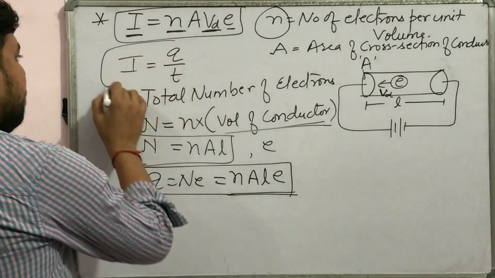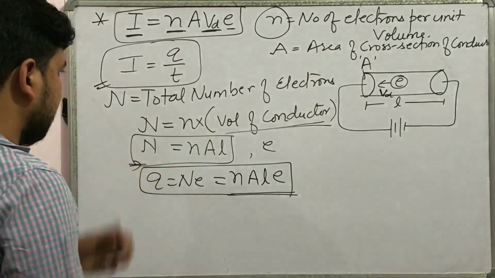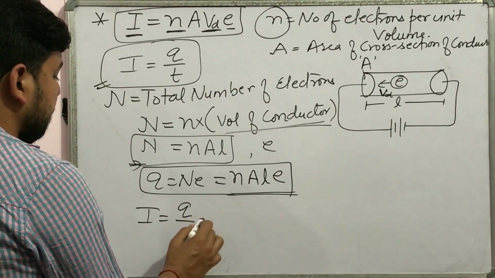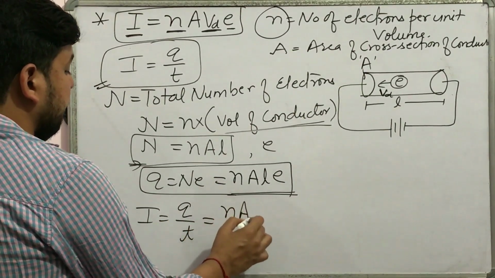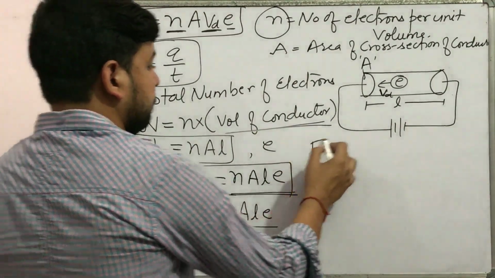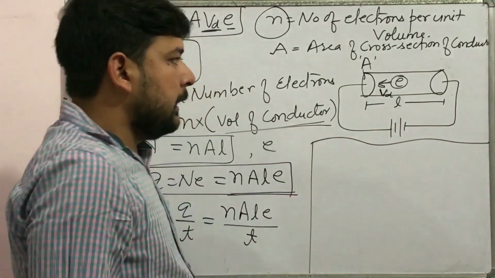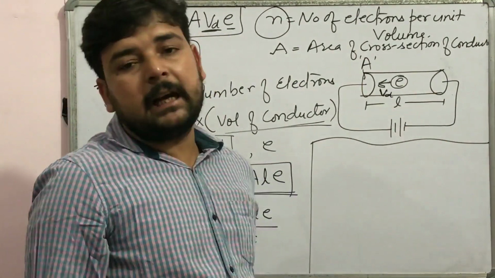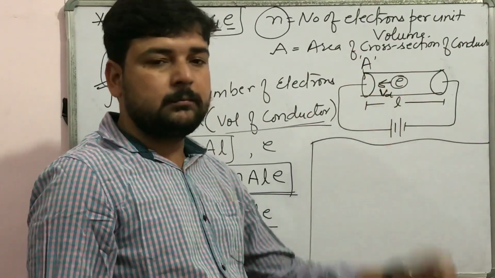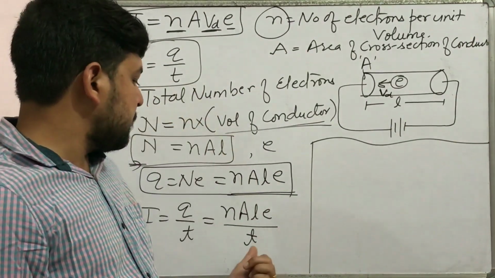Because you know I equals Q upon t. We have to put the value of Q here. I comes to be Q over t, that is nALe over t. Now if we talk about this electron, what distance did this electron cover? The distance covered by this electron is L, and the time taken by the electron is t.